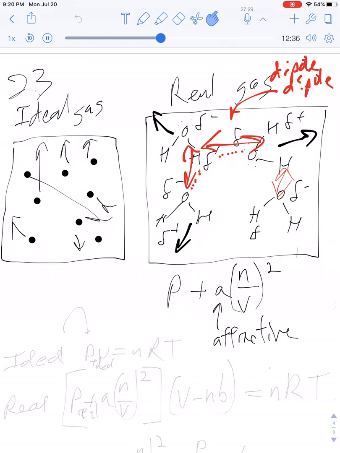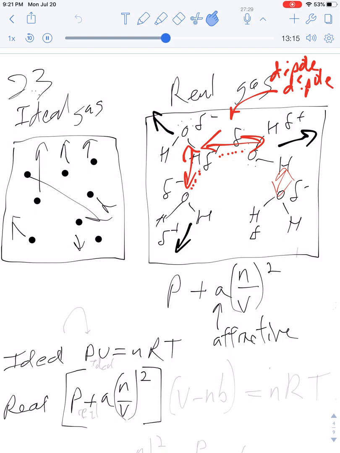So when we adjust our equation, the ideal gas equation is PV equals nRT, but the real gas equation becomes... okay? That is the real gas equation.